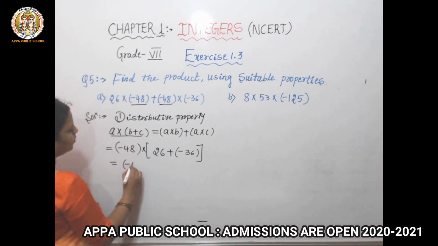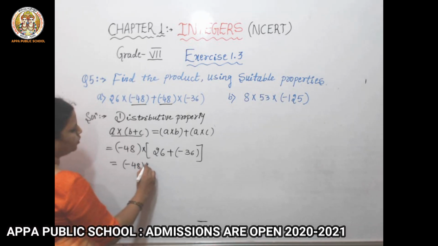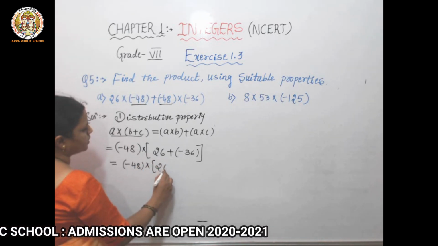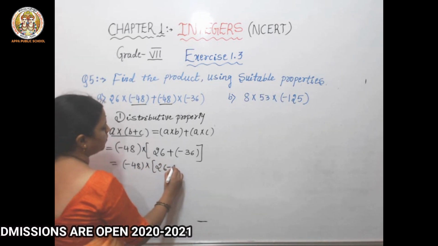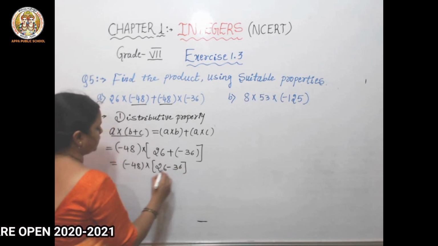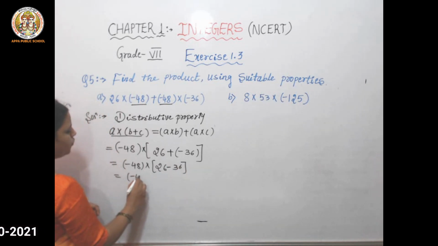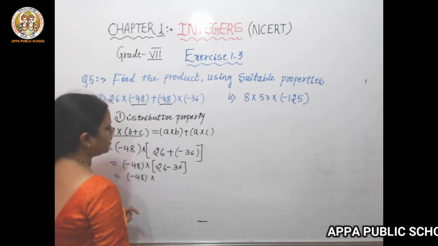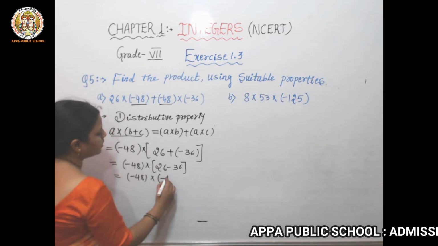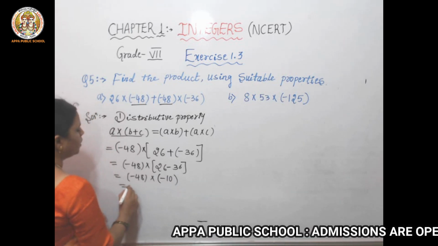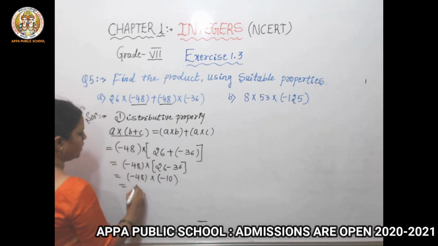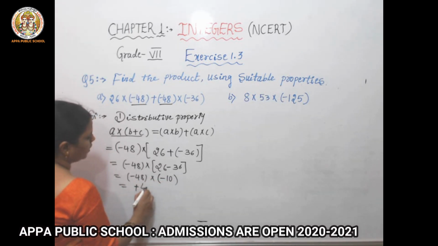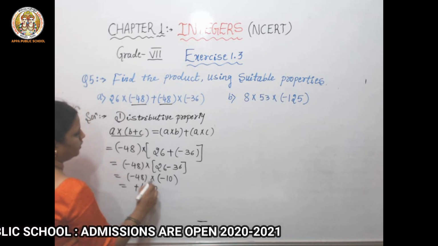Now solve it. Minus 48 into (26 plus minus 36). Now 26 minus 36 is minus 10. Now minus into minus is plus, 48 into 10 is 480.